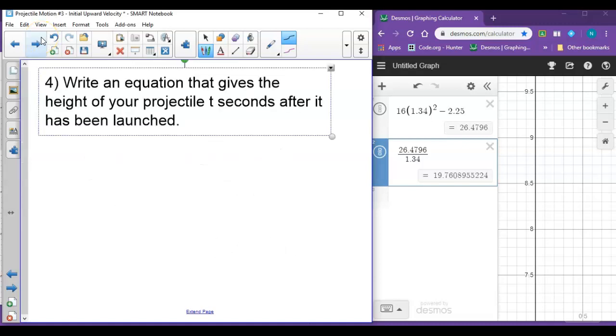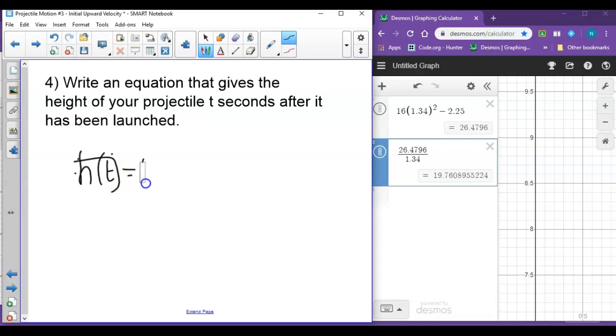Next, it's going to ask you to write an equation that gives the height of your projectile t seconds after it has been launched. That's just asking you to write the equation that you're going to plug into Desmos. So your h of t will equal 2.25.